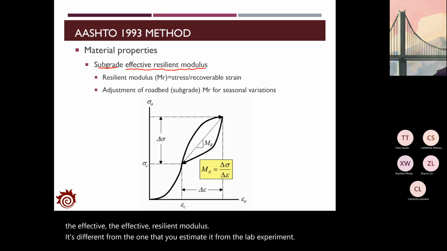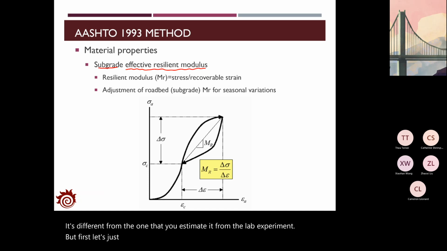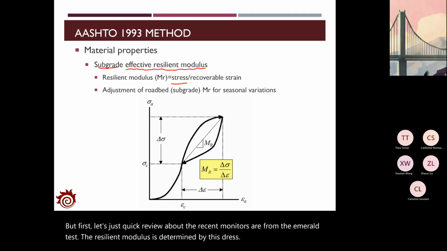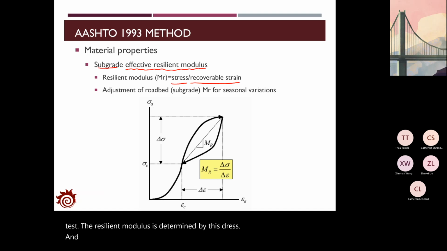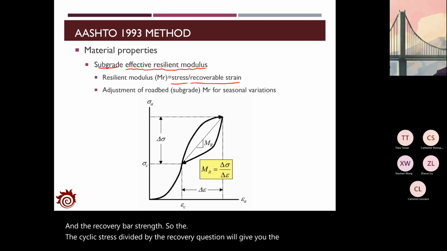But first, let's have a quick review about the resilient modulus. From the MR test, the resilient modulus is determined by the stress and the recoverable strain. The cyclic stress divided by the recoverable strain will give you the value of the resilient modulus.